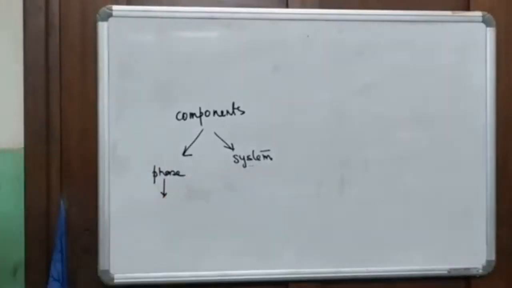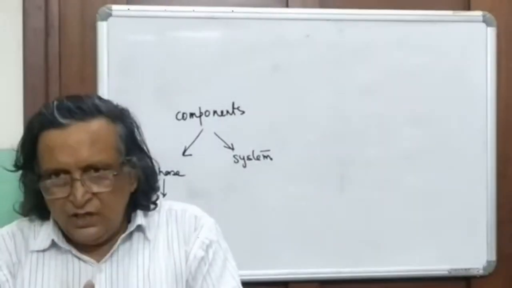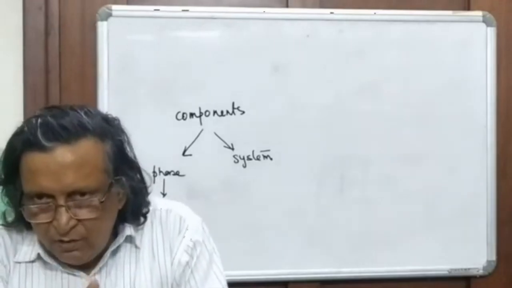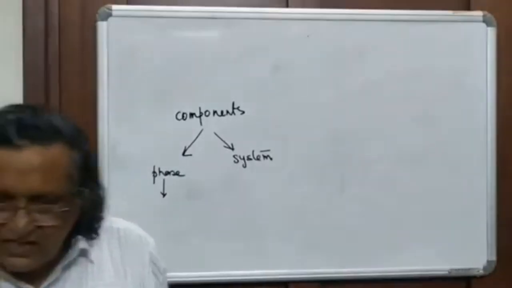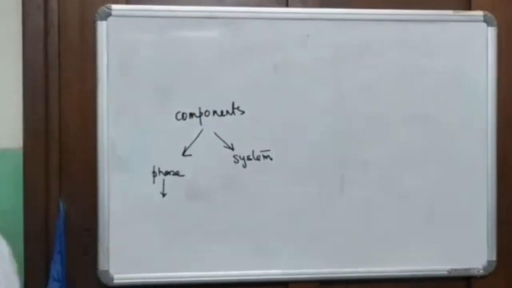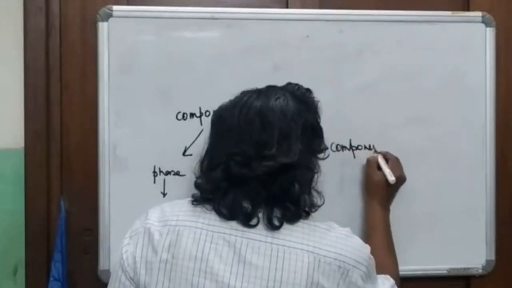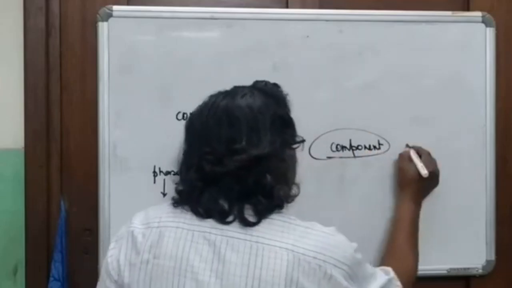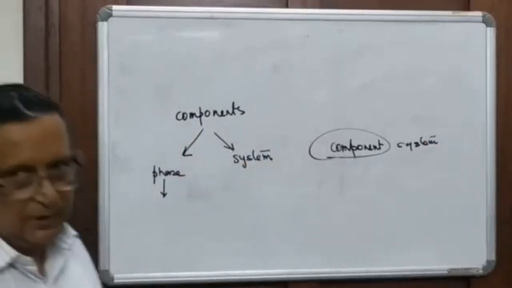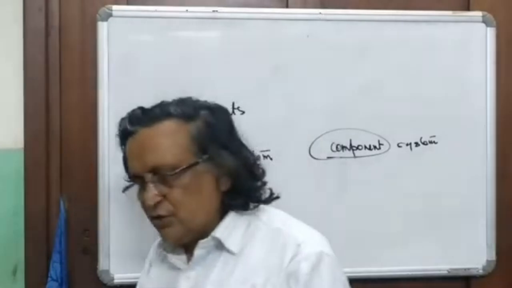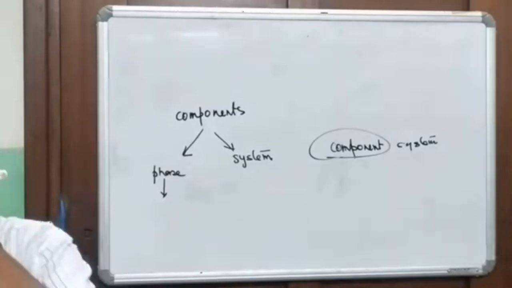But when you talk about a system component, you need not talk about only one mineral, but the whole rock, which could be multi-mineralic. So when somebody says component, it essentially means system component. Otherwise, the right way is to say system components and phase components. They mean completely different things.